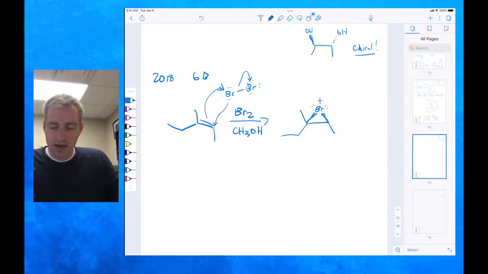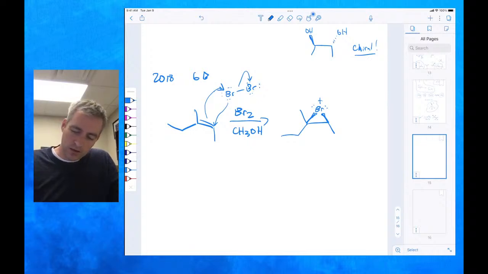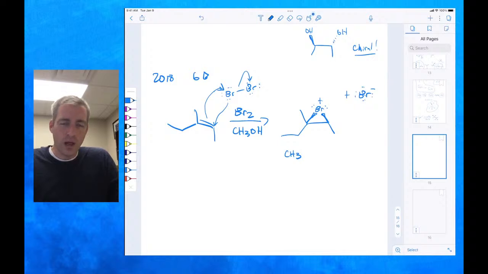Makes that carbocation. Next, we have our nucleophilic solvent, methanol. We have bromide as well. So bromide could come in and react, but it's going to be overwhelmed here by the methanol because methanol is a solvent. It's going to be present in much, much higher concentrations.